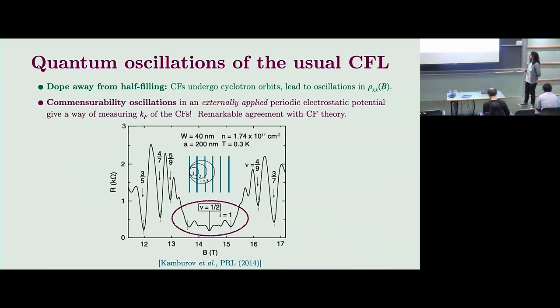And in ordinary quantum Hall, for example, if I apply a periodic electric potential, when the cyclotron orbits are commensurate with the period of that potential, so these blue lines here you can think of as the grating, you'll see resistance minima. And so this is a sample plot for gallium arsenide, very recent. You see these oscillating features. Okay, and this can be used to extract the kF of composite fermions.